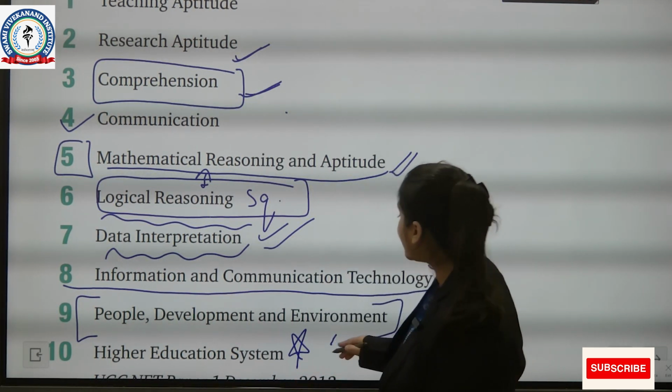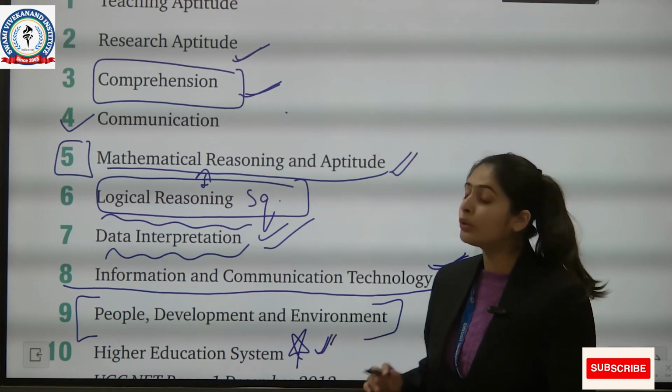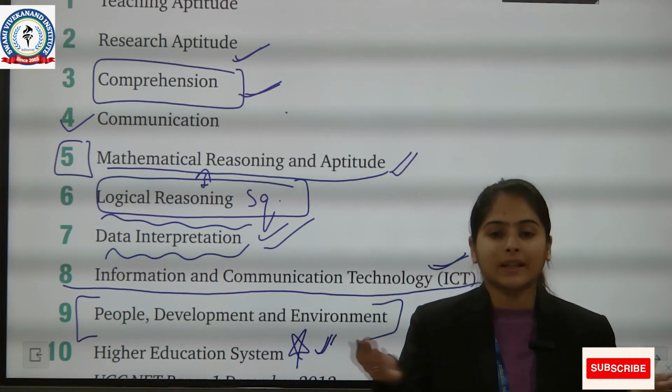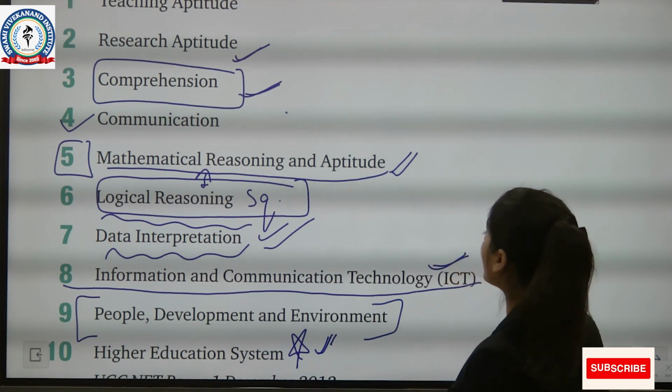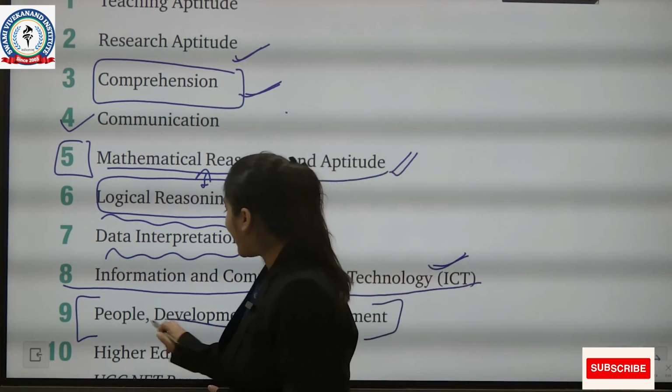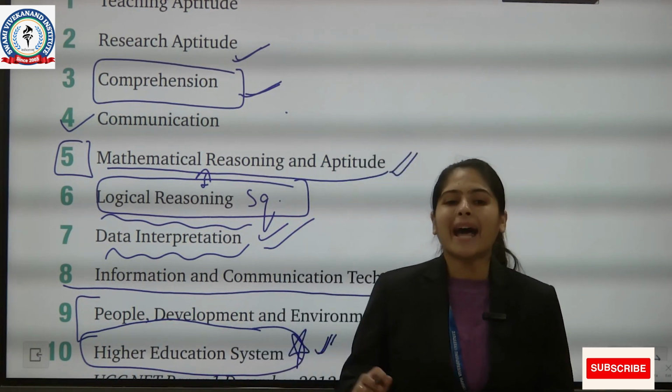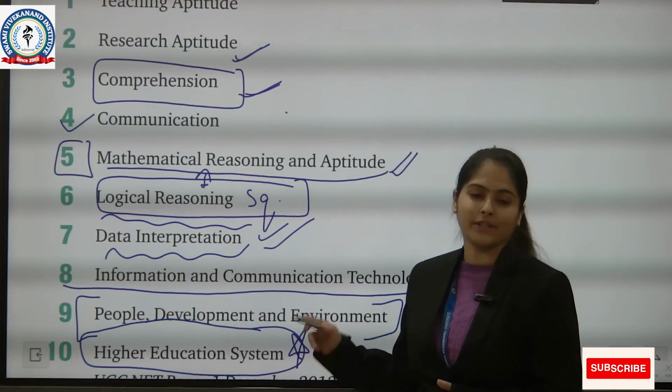So this is the unit where you have to remain very alert and updated, like current affairs, because the changes they are making in the education system are covered in higher education system.